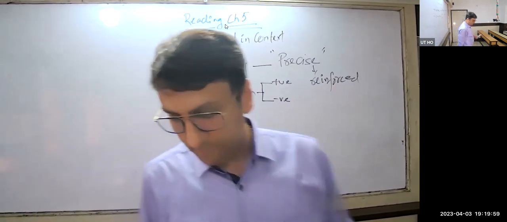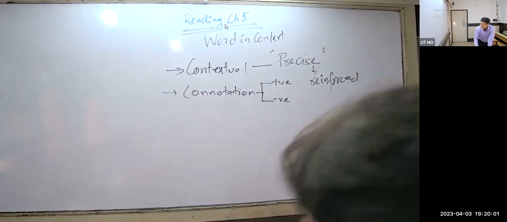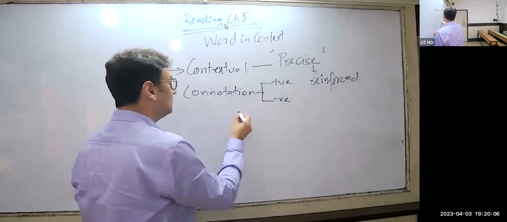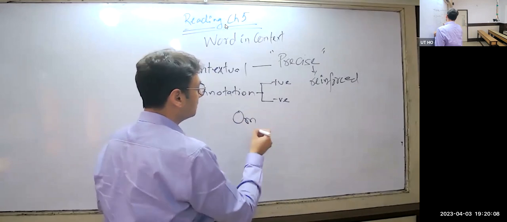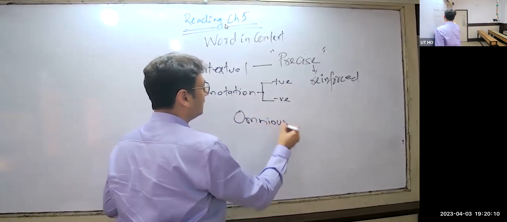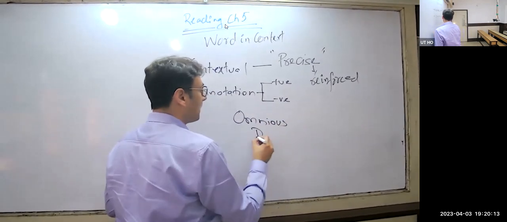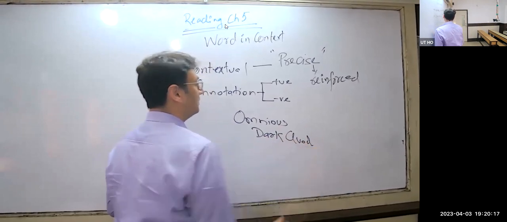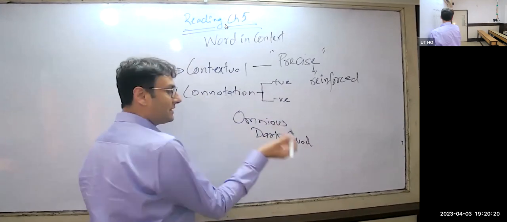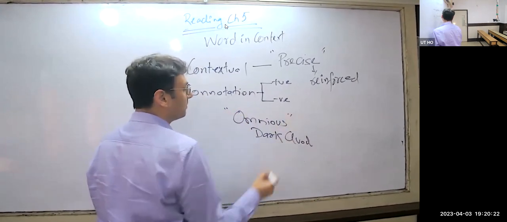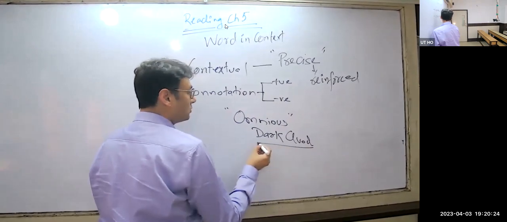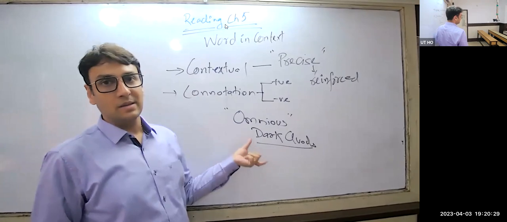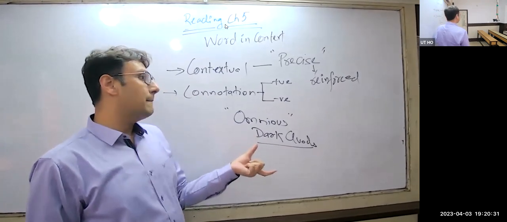So for example, let me share a small connotation. You understand positive and negative, right? So if I tell you, I've seen this ominous dark cloud. Whether I know the meaning of this word ominous or not, because I am talking about dark clouds, I'm talking about something gloomy, something sad, some mishap.